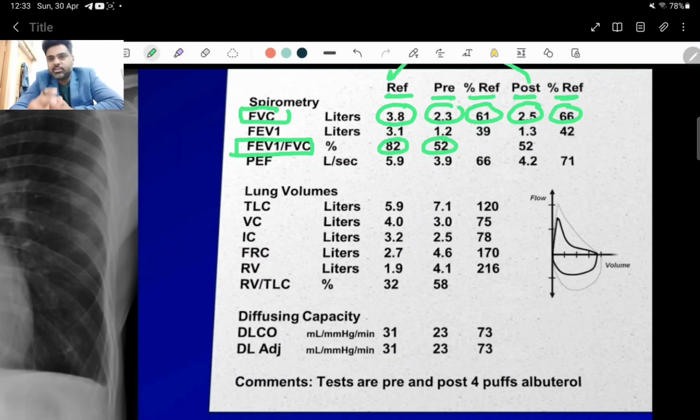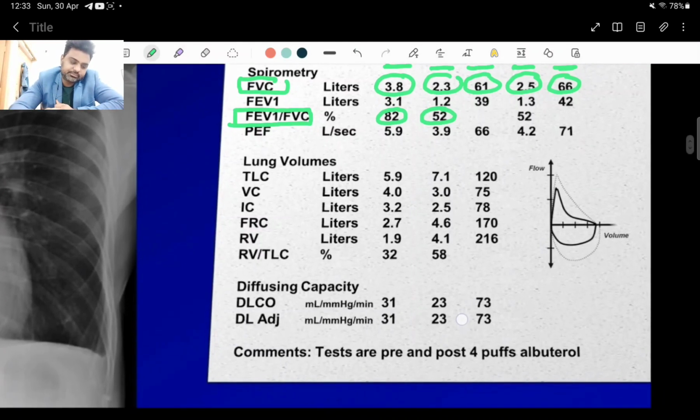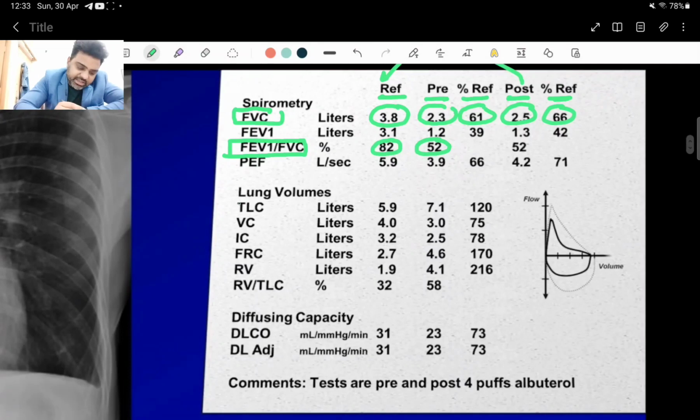That means FVC is also decreased. Now the patient can have two possibilities: either a severe obstructive lung disease, or a mixed disease. So how will we differentiate? Now see TLC.